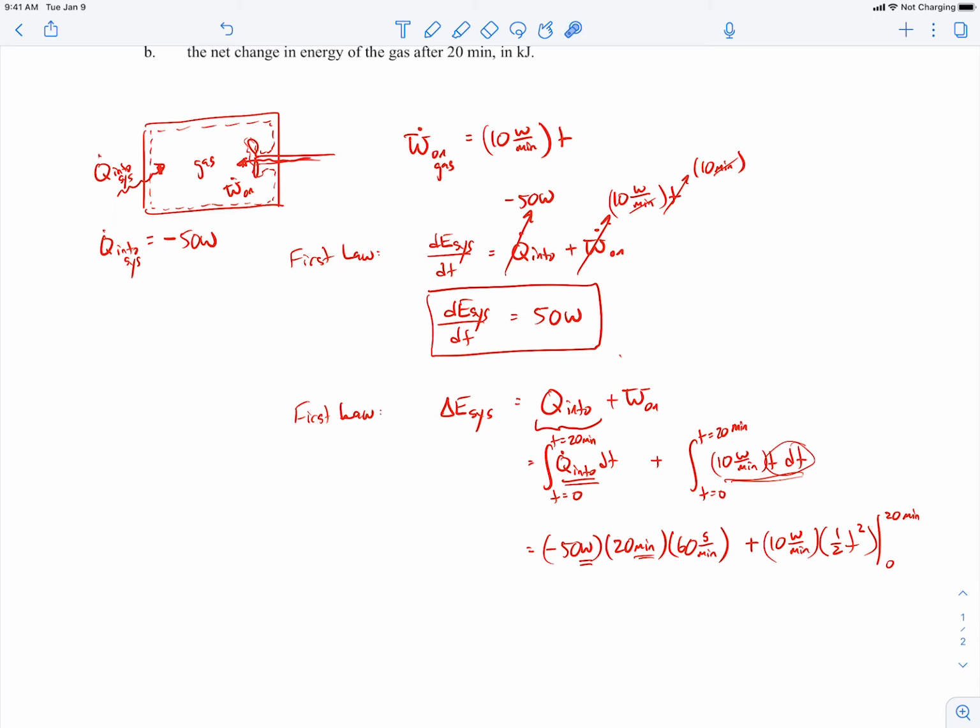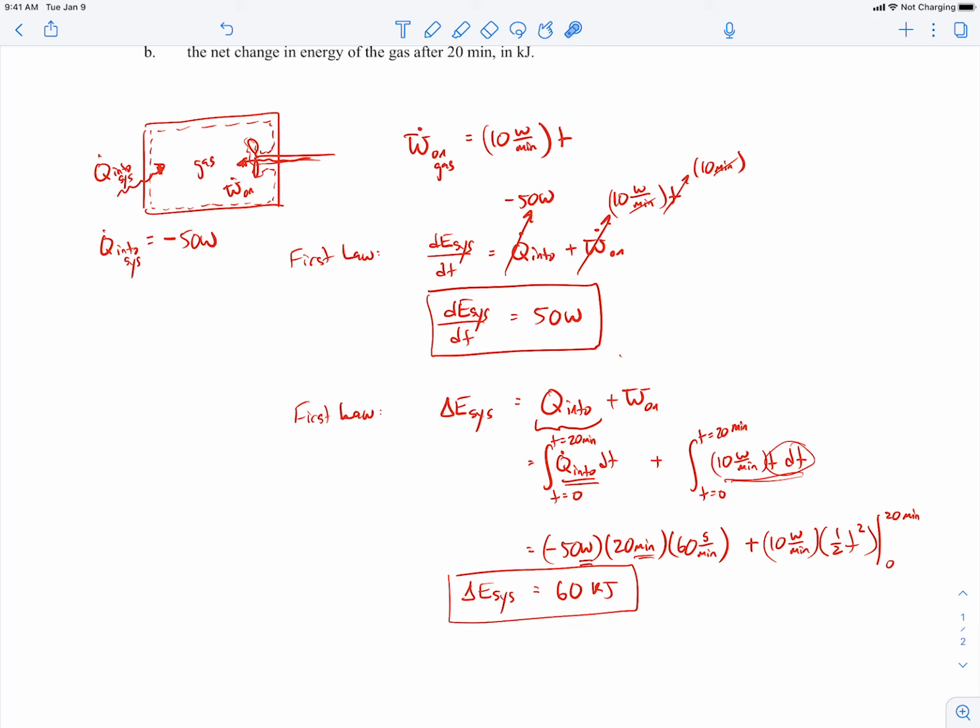Now we still have to worry about changing the minutes to seconds. We have to be a little careful of that because one of the minutes will cancel out with that minute, but then we still have to be careful with the watts. So I won't do those steps here, but you have to be a little careful of the unit conversions. But if you're careful with those and you work out the numbers, what you'll get is this will be 60 kilojoules after 20 minutes.